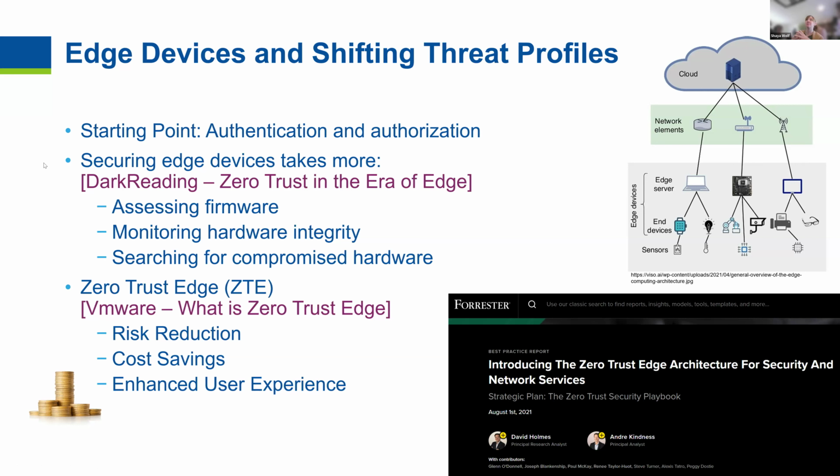And then one of the newer topics that I've been reading about, it's not super new, but when they say Zero Trust edge, really what they're talking about is Zero Trust at those edge devices. And it's selling really well, right? Because you're reducing risk, you have cost savings, you're enhancing the user experience.